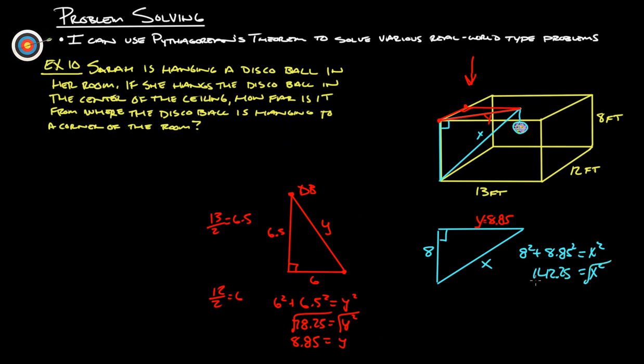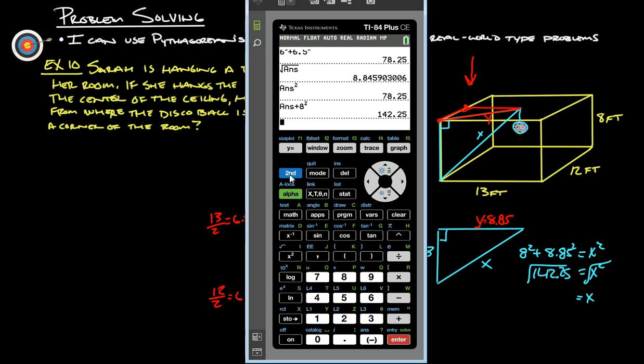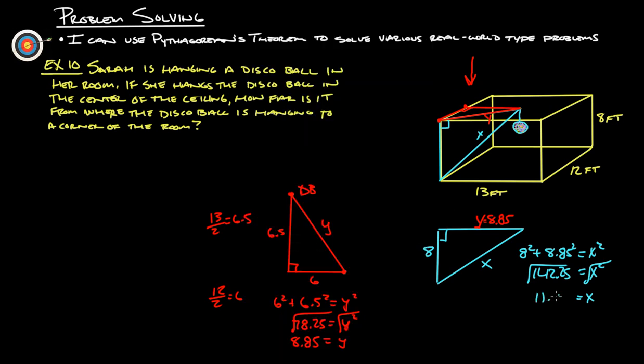Then we square root both sides, and we get that x is the square root of our answer, 11.926. First, second, third significant figure: the 2 tells the 9 to stay the same, so we get 11.9 feet.